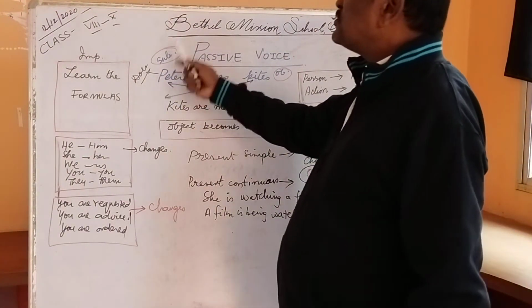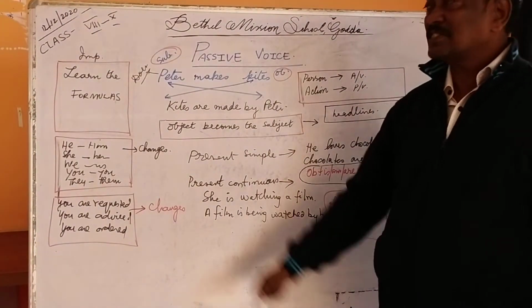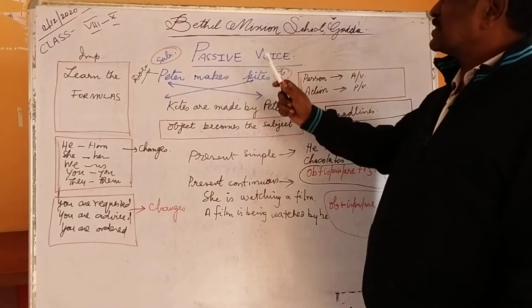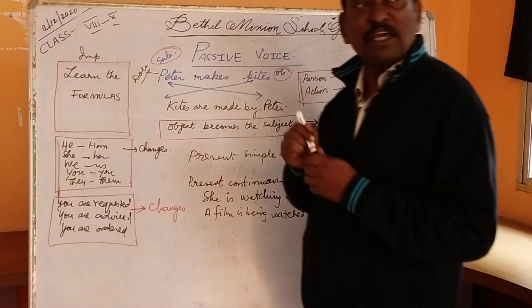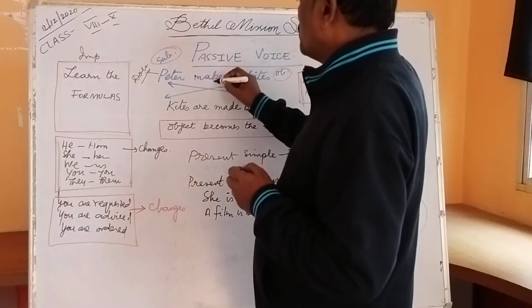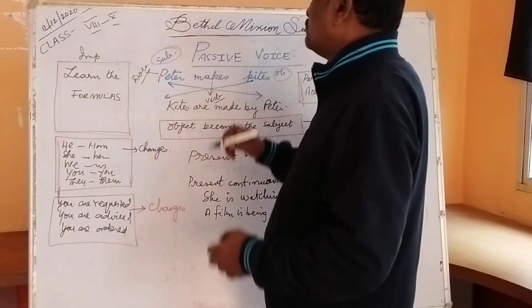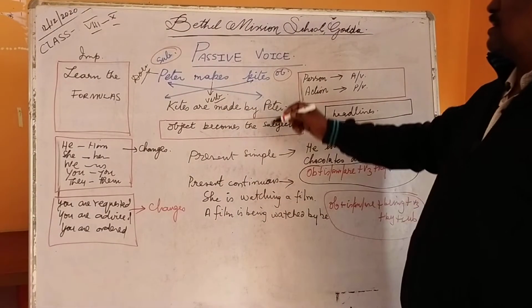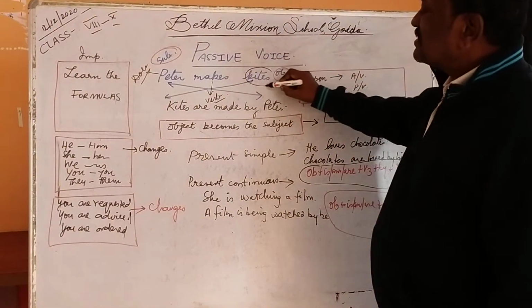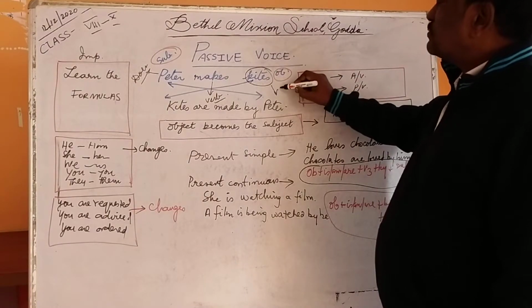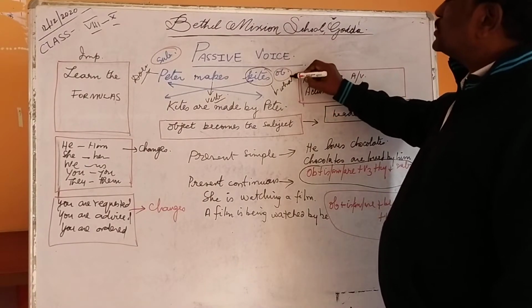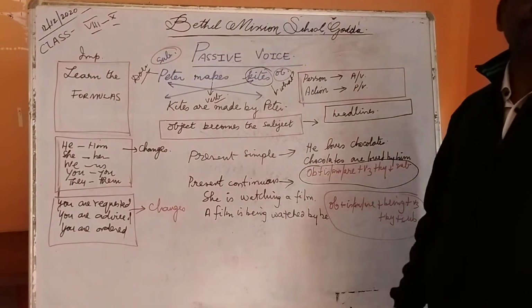So the doer is the subject. Peter makes kites. Now let's take the next word. What is this? Makes. This is an action and therefore it is a verb. Number 3, the last word of the sentence is kites. Now this gives you an answer for the question what? What does Peter make? He makes kites.